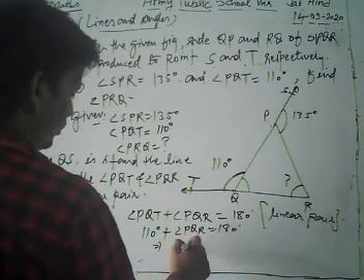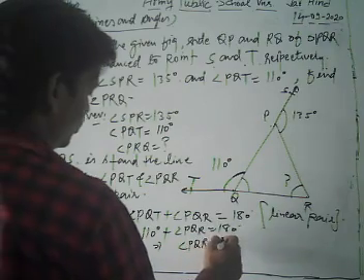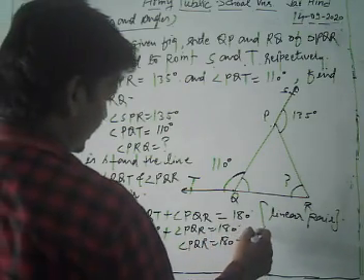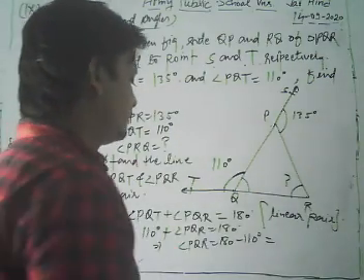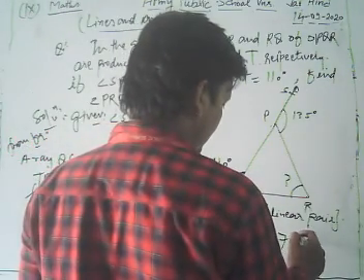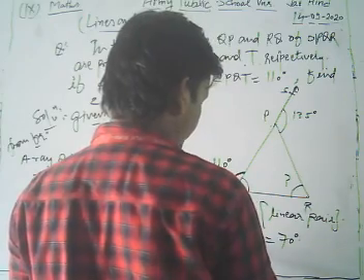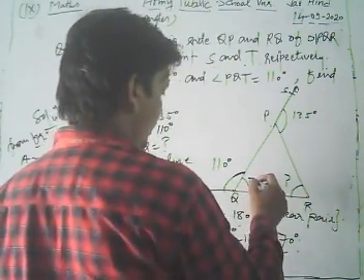So the value of angle PQR is equal to 180 minus 110. In this way we find the value of angle PQR as 70 degrees. So this is found as 70 degrees.